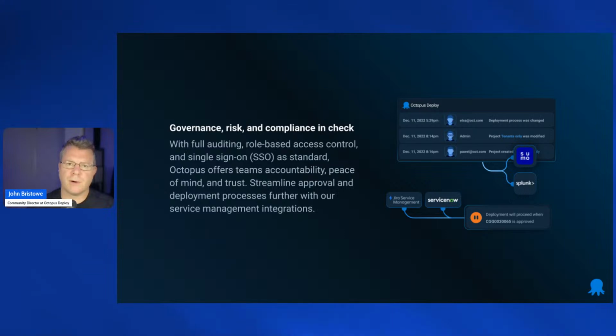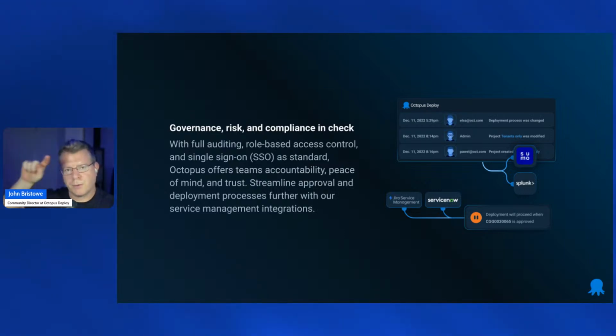We also have a number of integration points. Two that I listed here, but we have many, many others, are things like Jira Service Management or ServiceNow. With ServiceNow, oftentimes you have this notion of what's called a change request. A change request is typically where you will approve a deployment to occur. In that instance, Octopus can serve at the behest of ServiceNow.